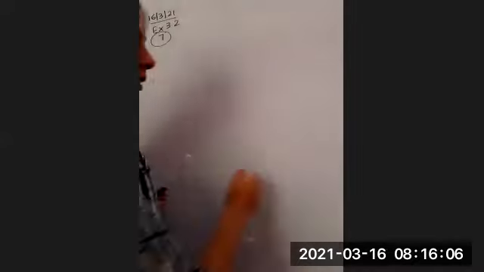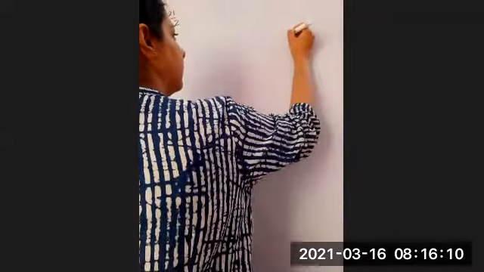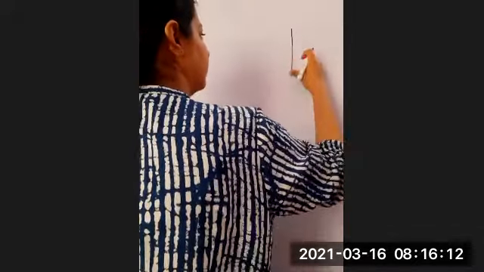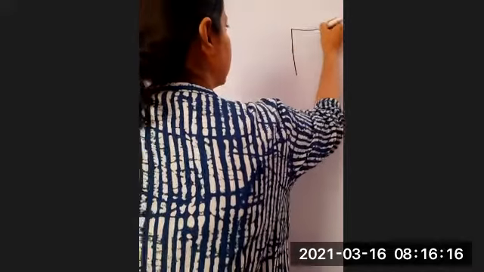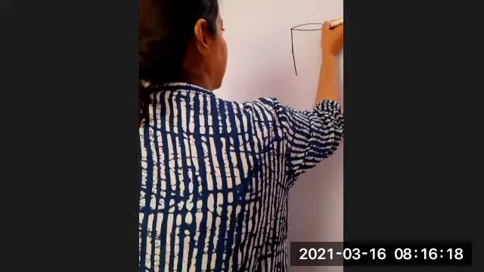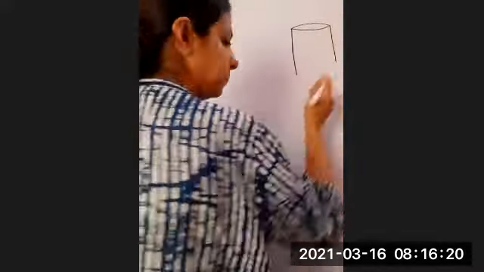So that means it will touch the cylinder also. So let me make a correct figure again. Let us have a cylinder. You may also draw a rough figure, children, for your sake of convenience.